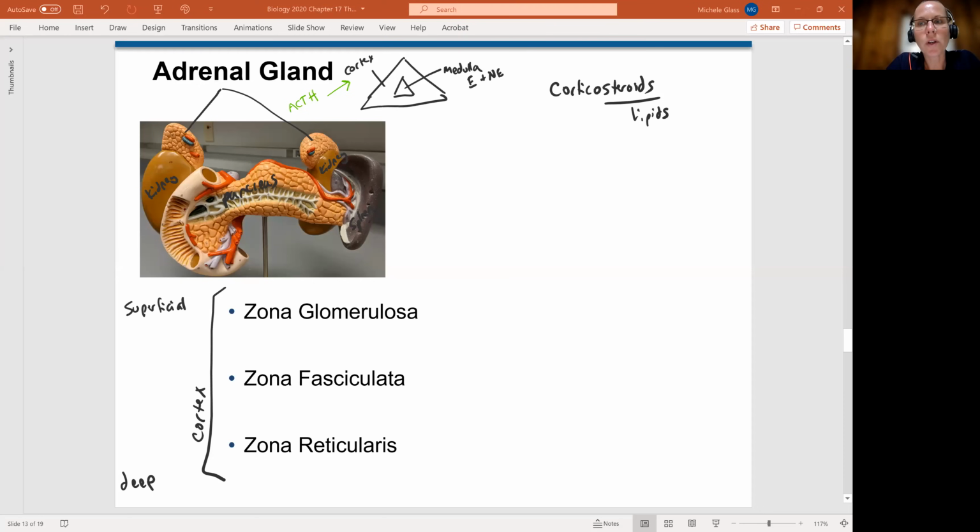Okay, so remember, our corticosteroids are lipids, and so this means that they're going to have an intracellular receptor. And we're going to see that each one of these layers is going to produce a different group of corticosteroids. So when we look at this outermost layer, the zona glomerulosa, we're going to see that these are going to produce a group that we will collectively talk about as mineralocorticoids.